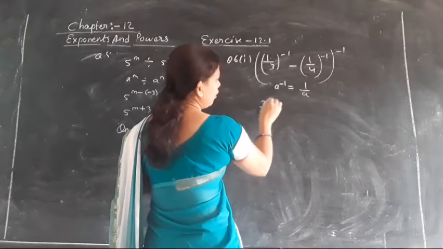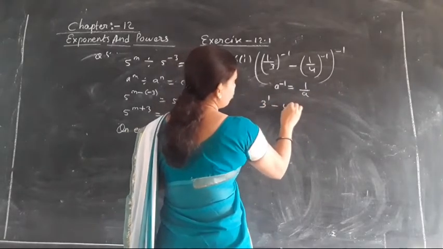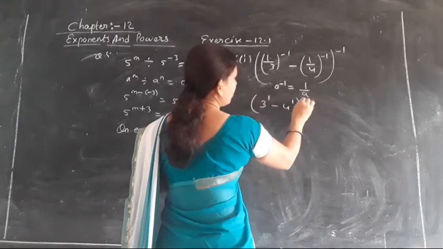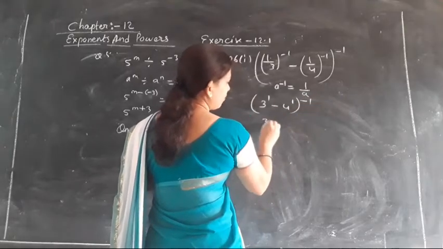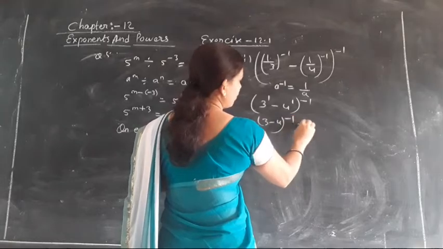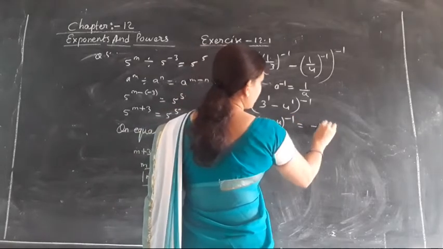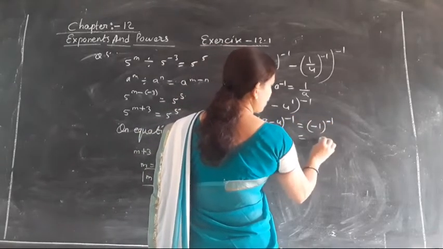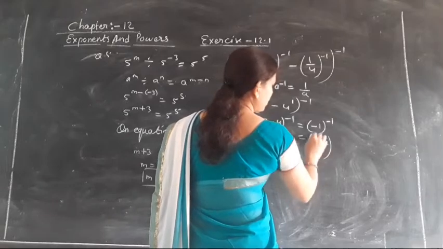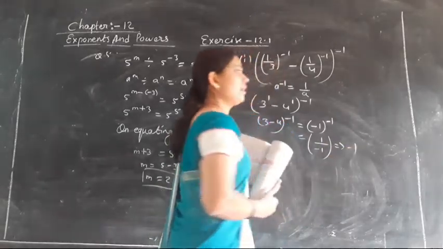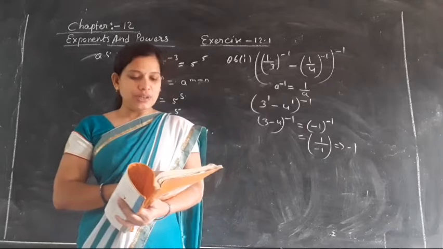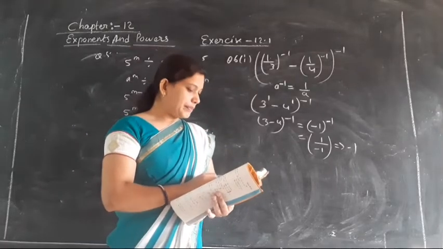So here it will become 3 to the power 1 minus 4 to the power 1. Okay, so 3 minus 4. How much will it become? Minus 1. So it will become 1 upon minus 1. So altogether minus 1 will be the required answer you will get in this part.